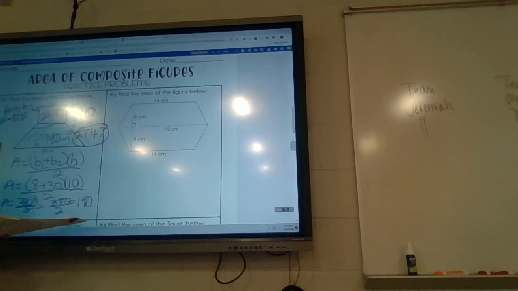It's 190. You should be able to put these in your calculator and figure out what I did. 8 plus 30, 38, times 10 is 380, divided by 2, 190 inches squared. Then you add them together.